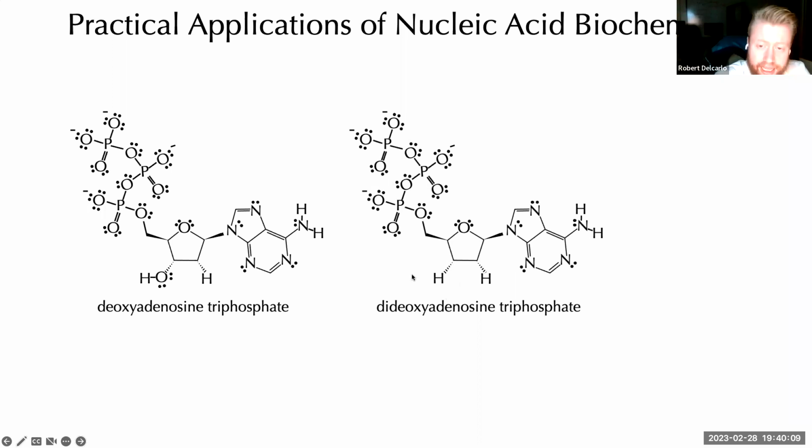And so missing that 3' hydroxyl group, the dehydration reaction would not be able to proceed in the active site of the DNA polymerase. And so this is one way that you could break a polymerase using what we call a chain terminator, because you lose that hydroxyl, you lose the ability to grow the chain.